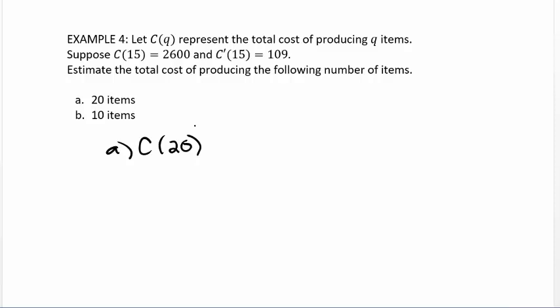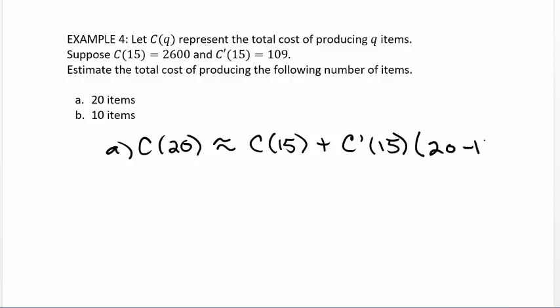Since we have information about the function at 15 and the derivative at 15, we can use local linear approximation to try to get a pretty good estimate of the cost at another point. So here, using local linear approximation, we're going to say the cost to produce 20 is the cost to produce 15 plus the marginal cost, so how much that's changing at 15, times 20 minus 15.